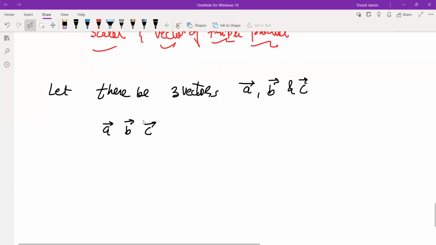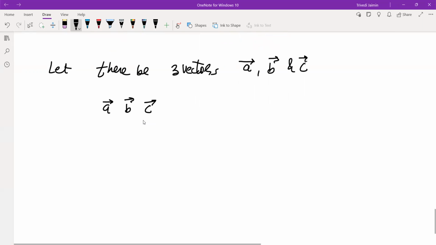So this has dot and cross products like that, so let's write those first. A dot B cross C. I'm writing a few dot and cross products.